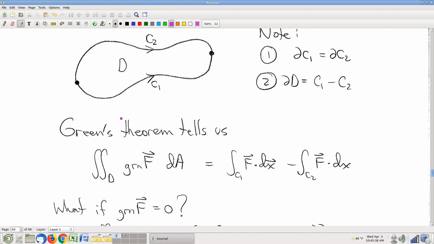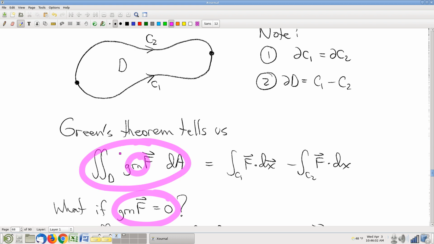Let's consider a hypothetical scenario. Let's suppose that Green's operator is equal to 0 for some vector field, whatever, just some vector field. If Green's operator is 0, by which I mean always 0, flat 0, then that integrand is 0 everywhere. That means this double integral is 0.